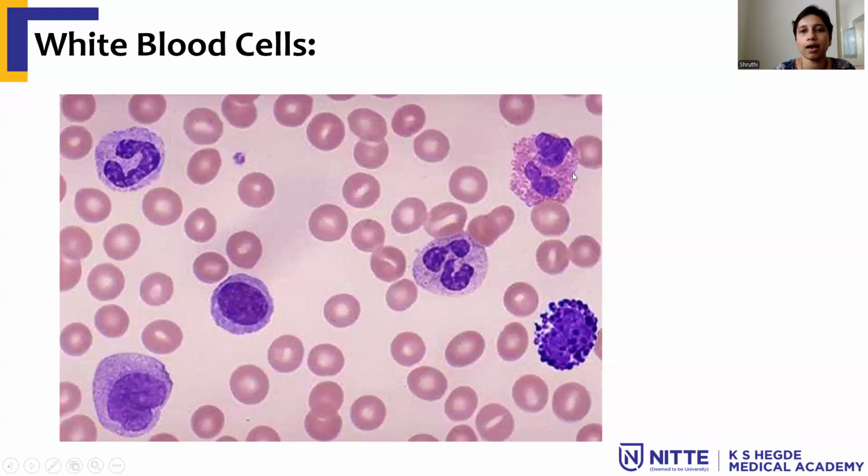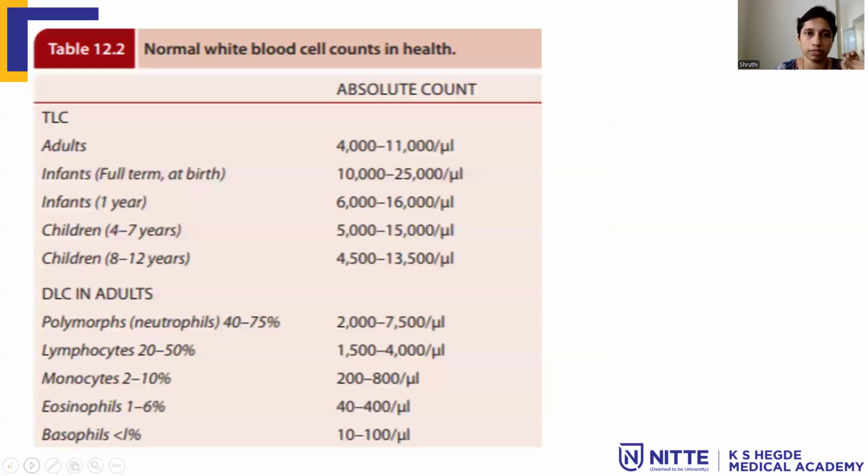Compared to neutrophil, they have coarse granules. Then comes basophil. So basophils are small, but their nucleus is obscured by large basophilic or dark blue cytoplasmic granules. So basically, we cannot appreciate the nucleus in the basophil, but normally they have an S-shaped nucleus. So these are the WBCs.